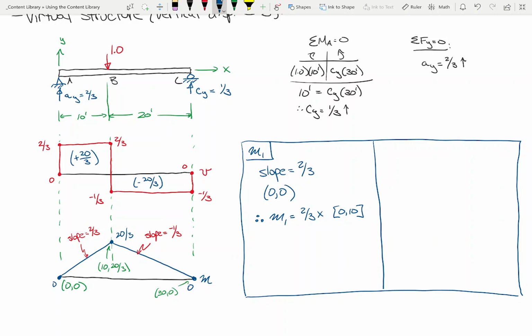How about this one? Okay, let's look at M2. All right, its slope is -1/3, and it passes through. Now I got 2 points. What did I say my favorite number was? 0.